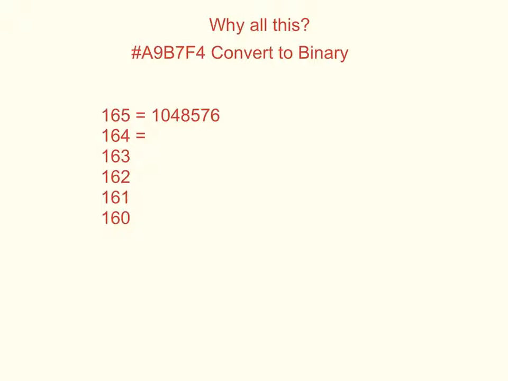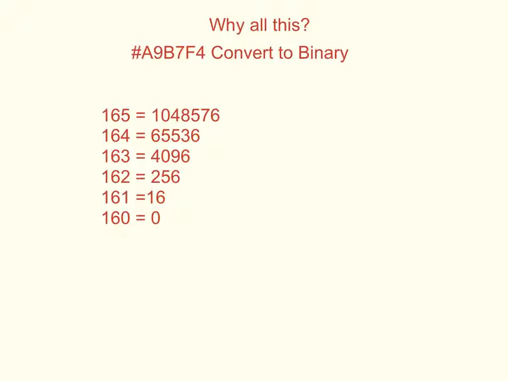Raised to the 4th is equal to 65,536. Raised to the 3rd, now the numbers begin to get a little bit smaller, and you're going to see why we need these in a moment: 4,096. To the 2nd is going to be 256. To the 1st will be 16. And to the 0 will be 0.